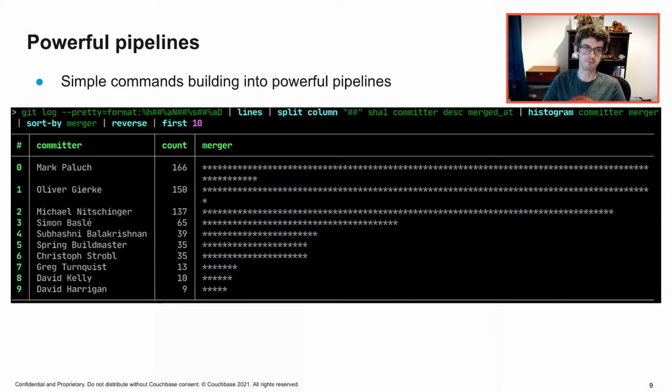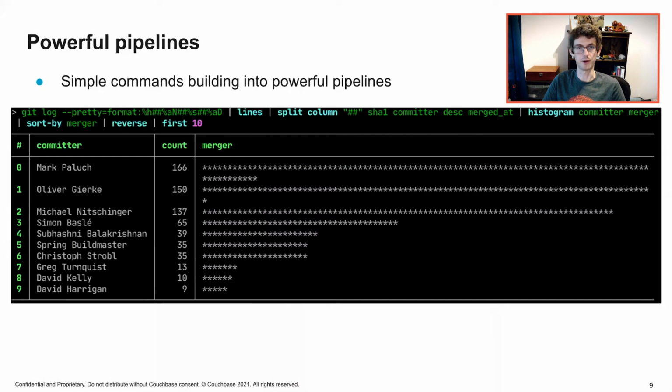So we then pipe that into the Nushell lines command, which creates a table, and for each line in that git log output, it creates a row. We then pipe that into the split column, which is going to see where those double hashes are and split on those double hashes so that we then have rows and columns.